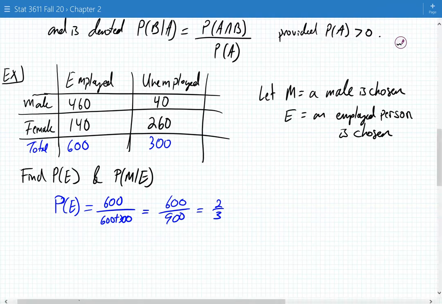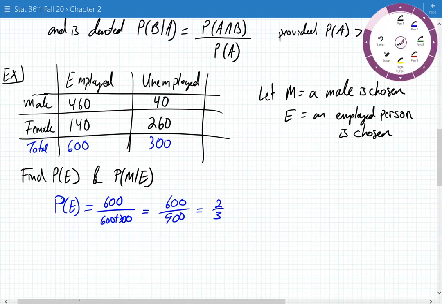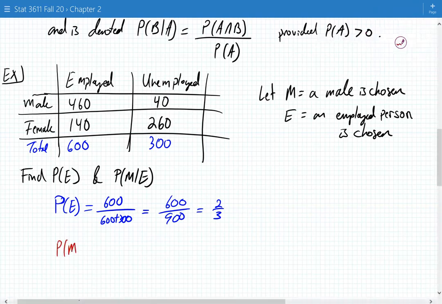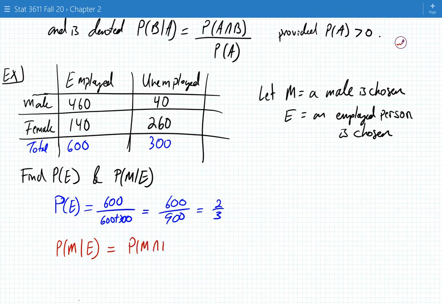What's the probability that it is a male given it is employed? Probability, then, of a male person being selected given you've selected an employed person. Well, according to the conditional definition above, this is the intersection of the two events divided by the probability of the given. The probability of the given is P of E, and we know that P of E is 2/3.